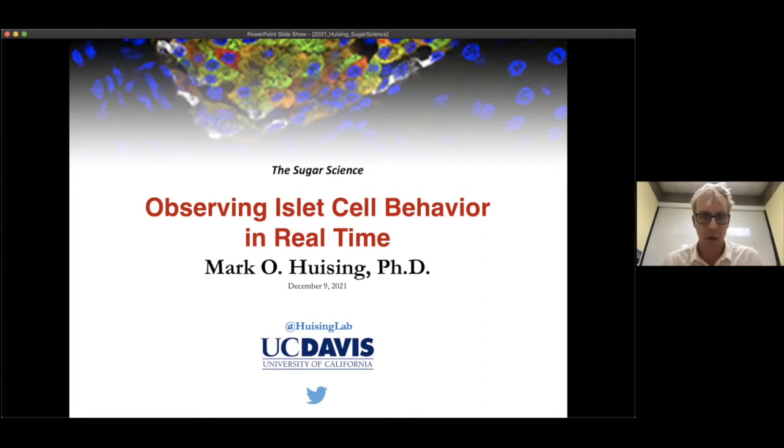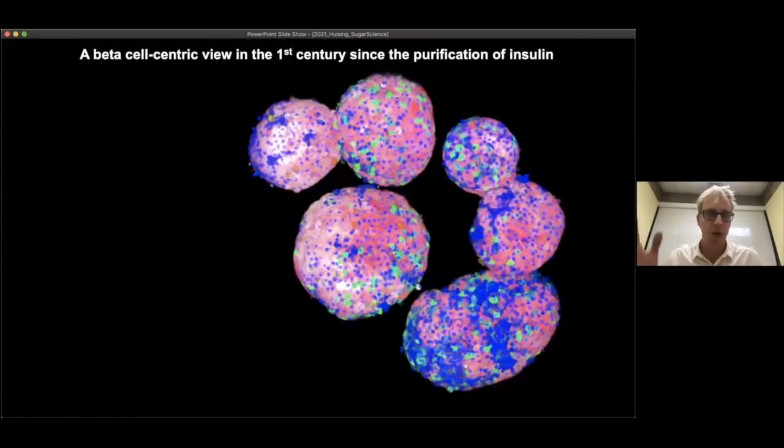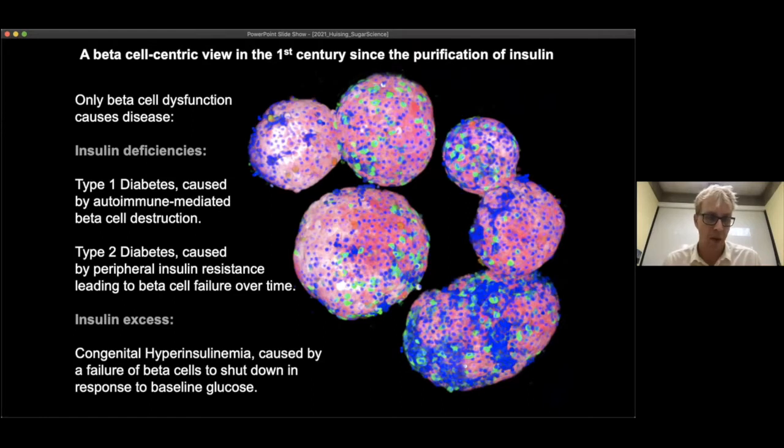As we all know, everybody in our field, for all the right reasons, focuses on beta cells, because the beta cell in the islet is the only cell that, when dysfunctional, causes disease. Type 1 diabetes, when we lose our beta cells in an autoimmune-mediated attack. Type 2, when beta cells fail over time because they're asked to work too hard in the face of peripheral insulin resistance.